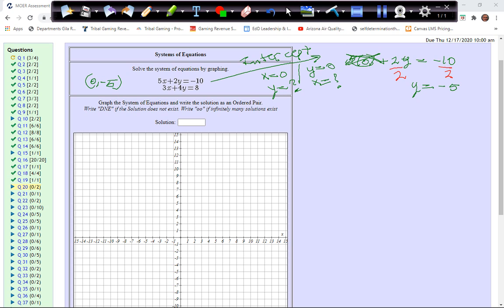So that's 1 point. We need the other point, which is going to be the x-intercept. We're going to plug in 0 for y. Same equation: 5x plus 2 times 0 equals negative 10. This becomes 0, so we end up with 5x equals negative 10.